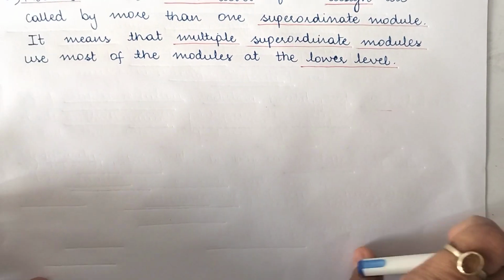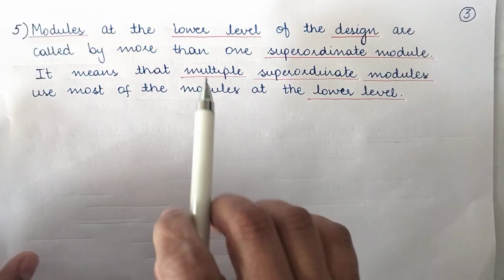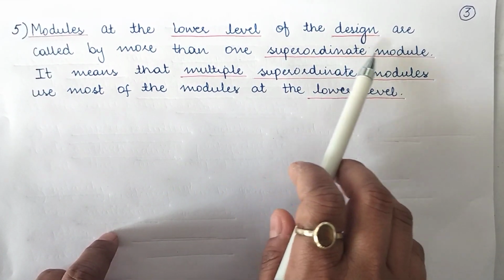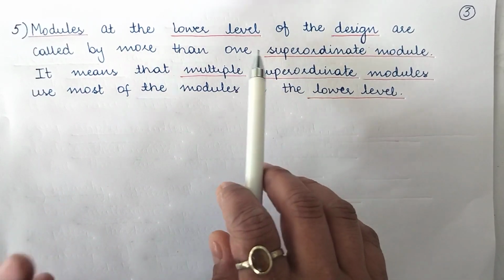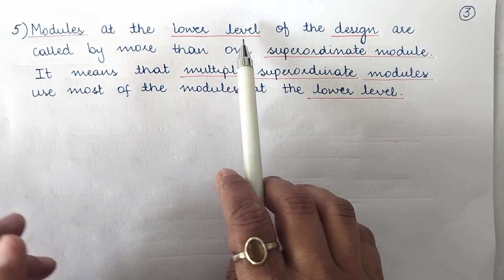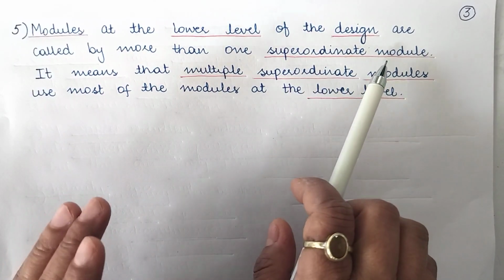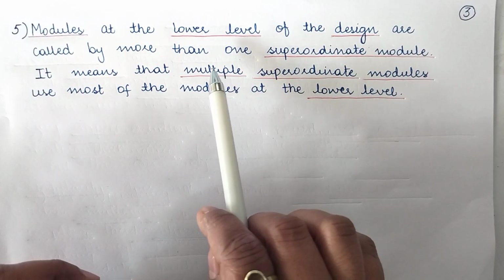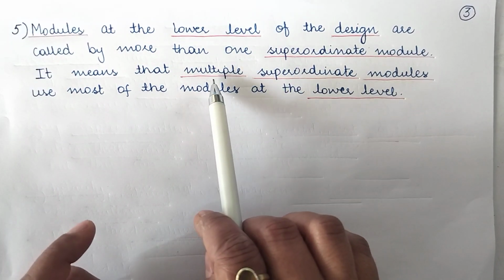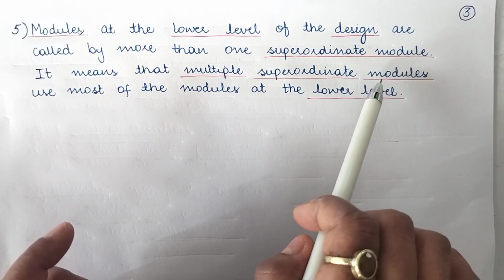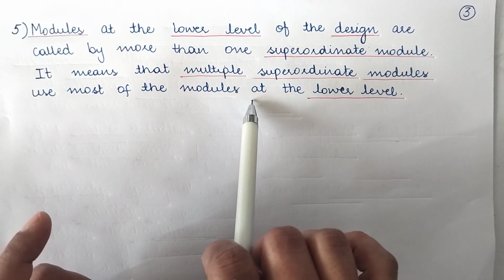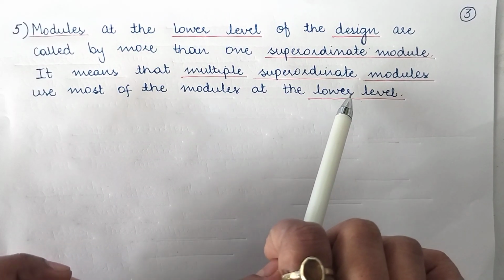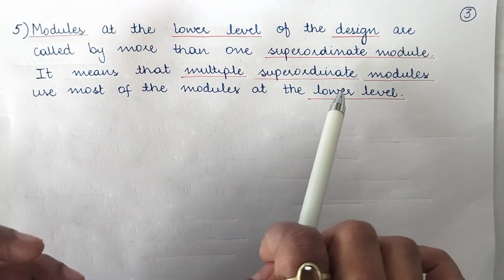Then the fifth guideline says that modules at the lower level of the design can be called by more than one superordinate module. Modules at the lower level, which we call subordinate modules, can be called by more than one superordinate module. This means that multiple superordinate modules use most of the modules at the lower level. Lower level modules perform functions for the modules at the superordinate level.